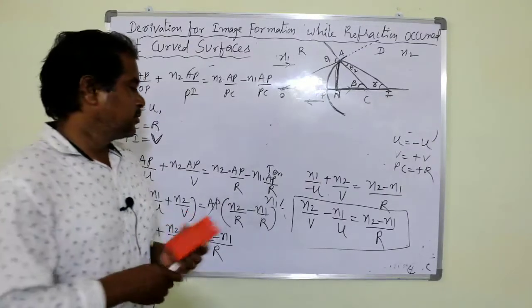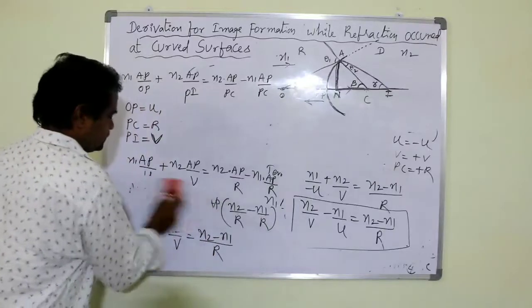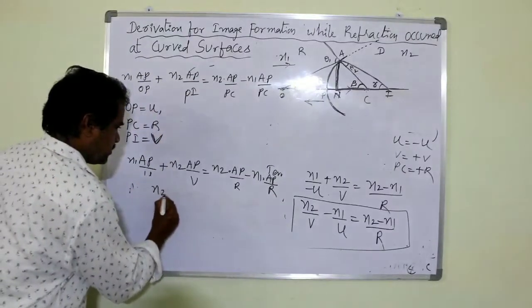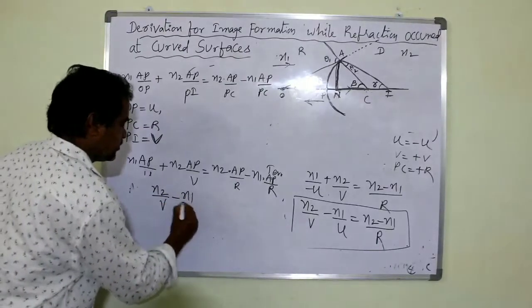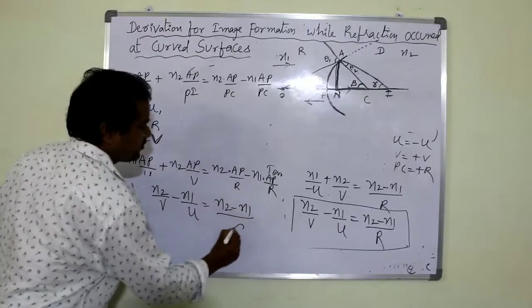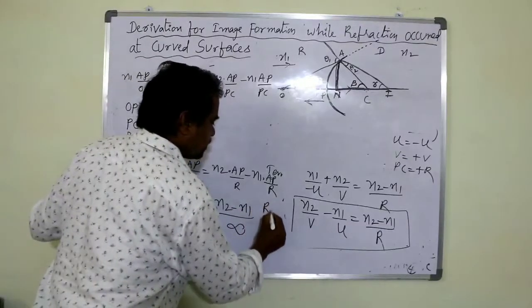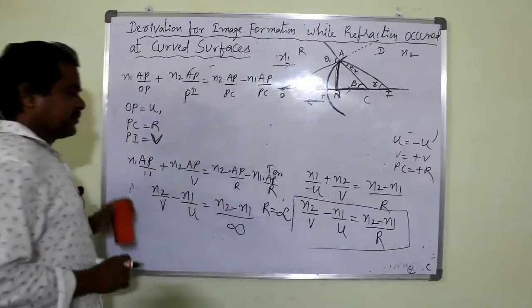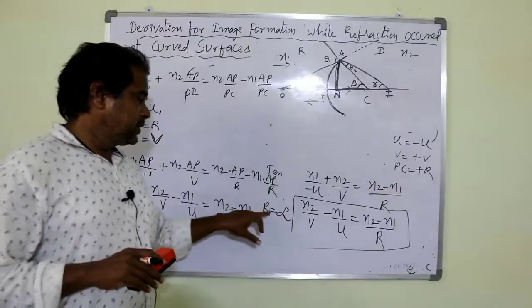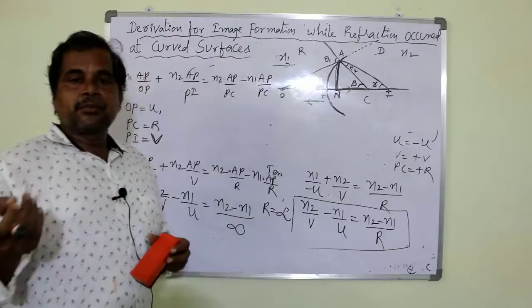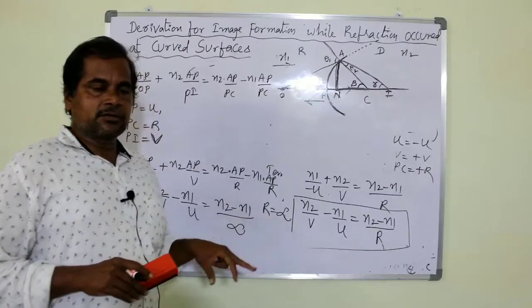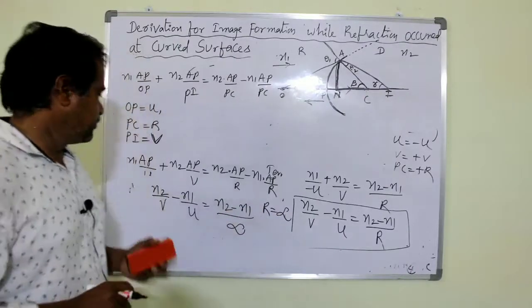So we take n2 by v minus n1 by u is equal to n2 minus n1 by infinity, because r becomes infinity for plane surfaces.